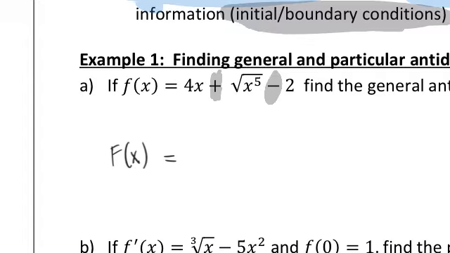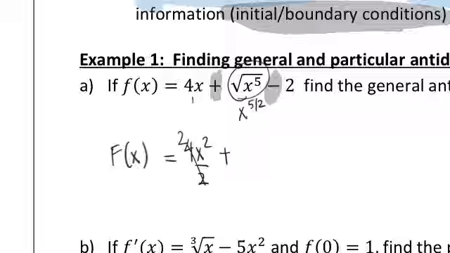So this first one is going to be 4x squared over 2, and then the 4 and the 2 will cancel to make 2. So I'll get 2x squared plus, I have to rewrite this as x to the 5 over 2. So then the antiderivative, be careful not to differentiate. You're anti-differentiating, so it becomes 2/7 x to the 7/2.